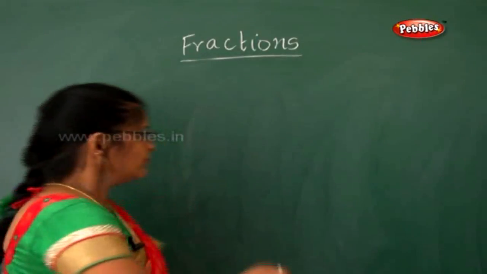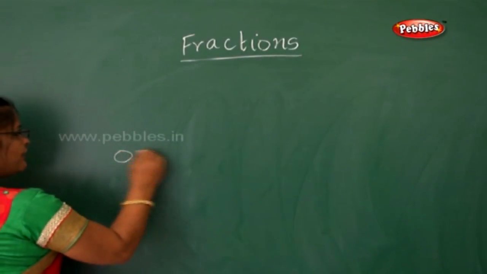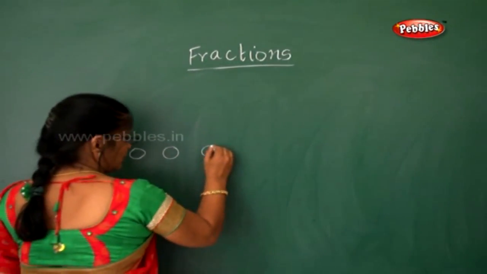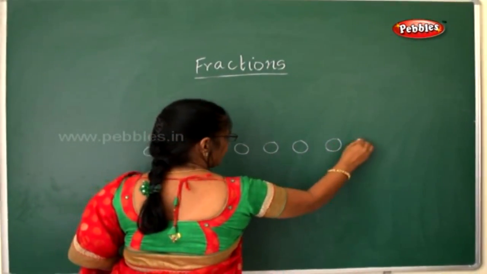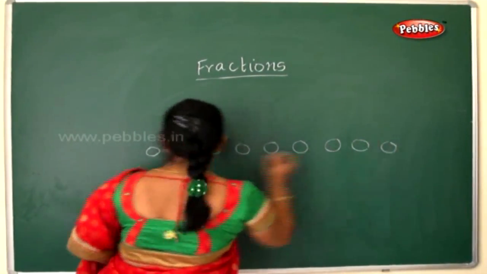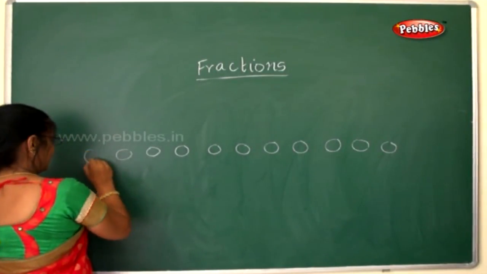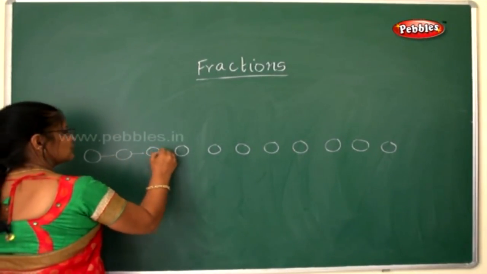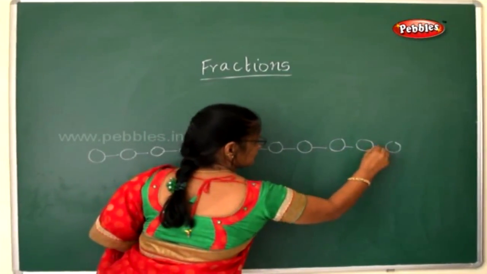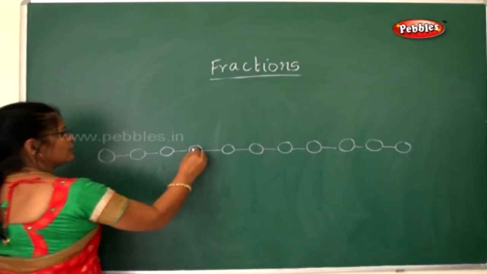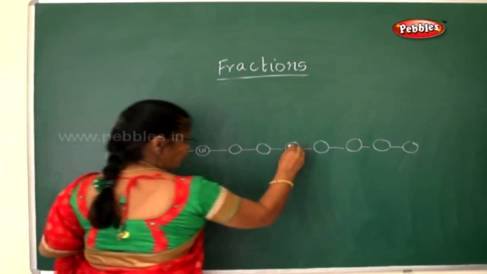Next sum. See, there are 11 beads. 1, 2, 3, 4, 5, 6, 7, 8, 9, 10 and 11 beads. See, in that 2 are colored in white color.